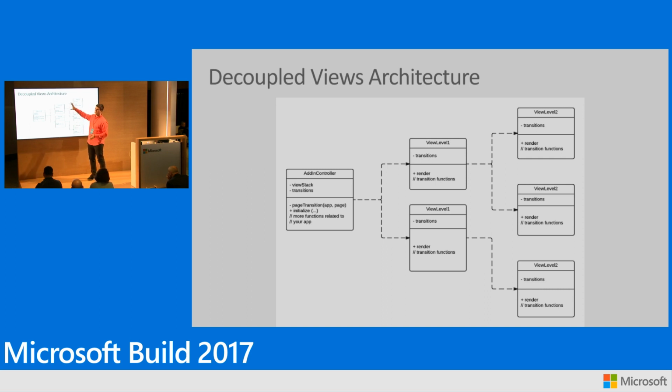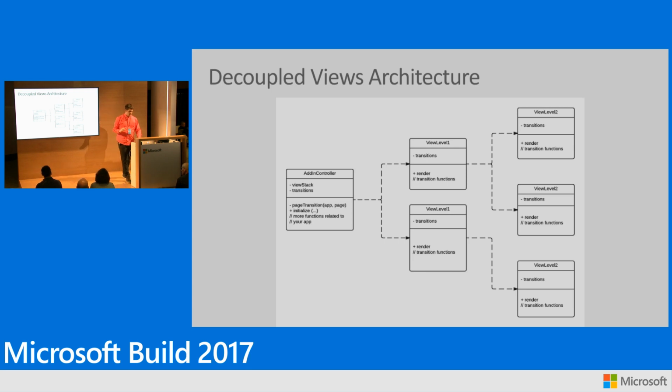So basically, you have a view, and then a view transitions to other views, and you don't have all of these dependencies between them. It's just this root point that knows what the first screen is, the login screen, your listing, and whatever first screen you have, and then listing knows how to transition to the contacts, and then contacts know how to transition to the social screens, and so on.